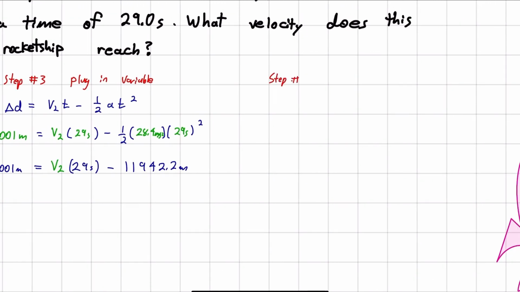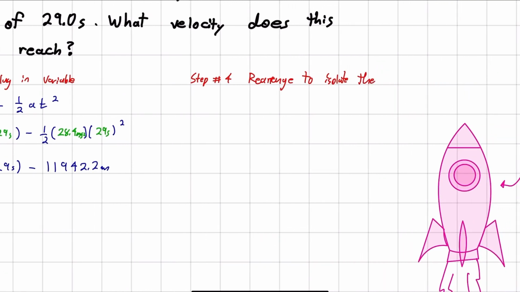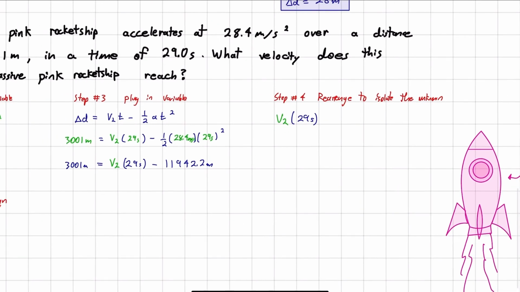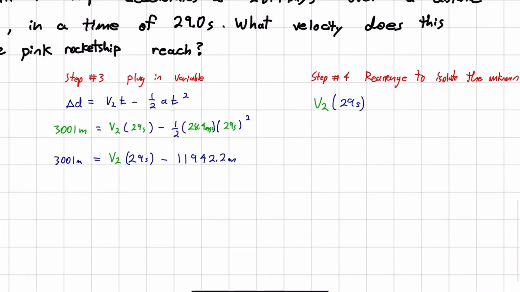That leads us to step 4, where we want to, again, just like the problem above, rearrange to isolate the unknown. So here on this first line, we're just moving our big mess here on the right. We're going to move it to the other side of our equation.